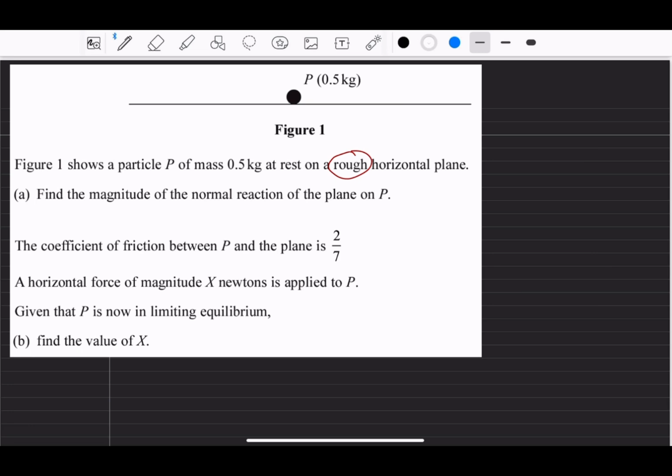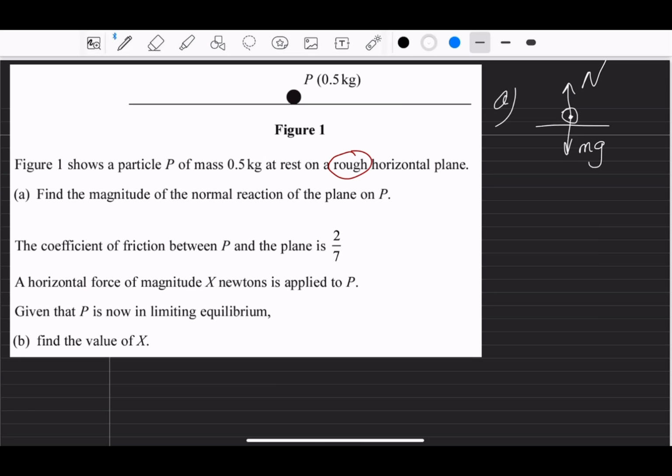Okay, so question A, you need to find the magnitude of the normal reaction of the plane on P. We know the normal reaction will be perpendicular to the contacting surface, that is upwards, because it needs to balance out the gravity force, which is mg. In this vertical direction only two forces exist, the weight and the normal reaction.